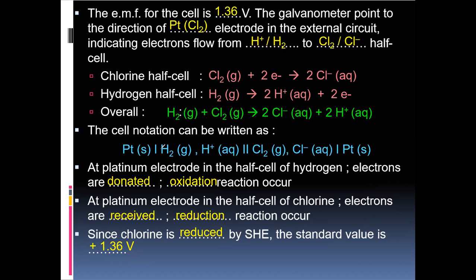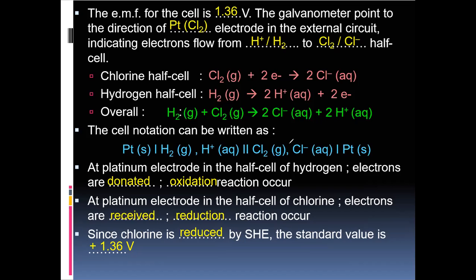So how do we write our notation? The same way, this is our SHE, which is going to be appearing on the left because, of course, this time also it is undergoing oxidation, and then the one undergoing reduction is on this end.